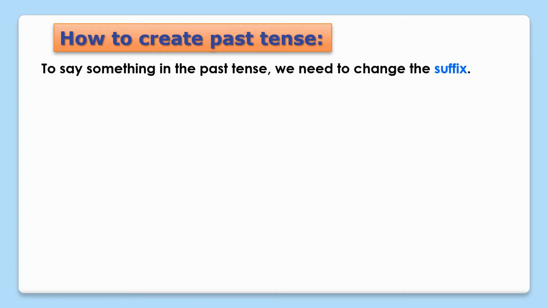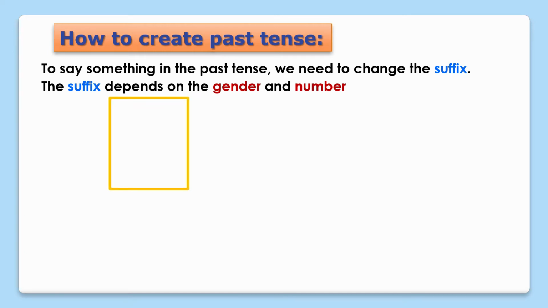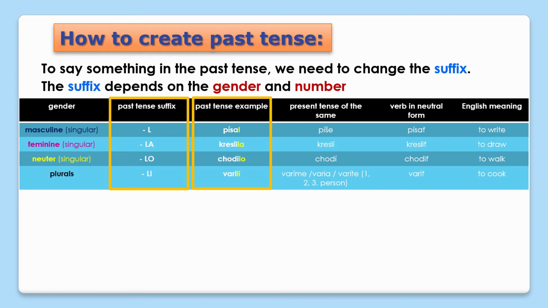To say something in a past tense, we need to change the suffix. And the suffix depends on the gender and number. So, for example, the masculine gender, we use the suffix l. With feminine, we use la. With neuter, we use lo.